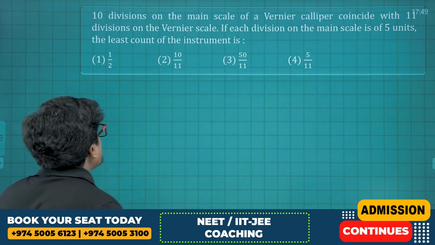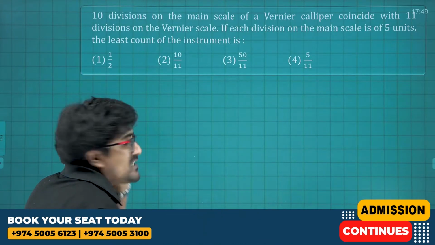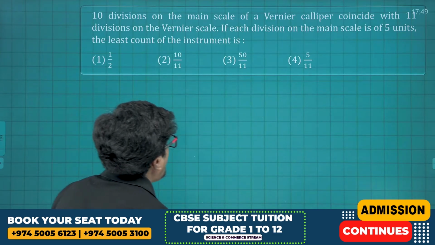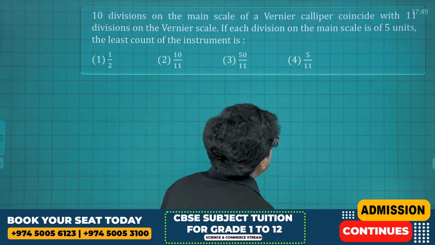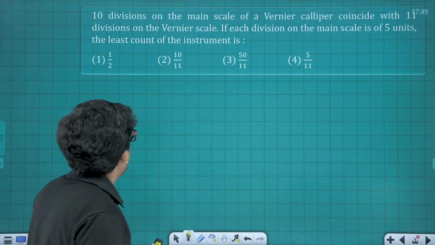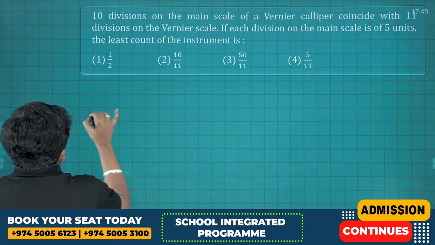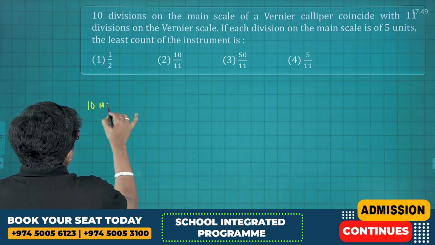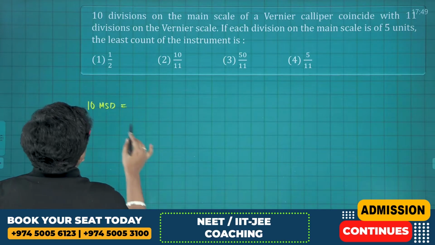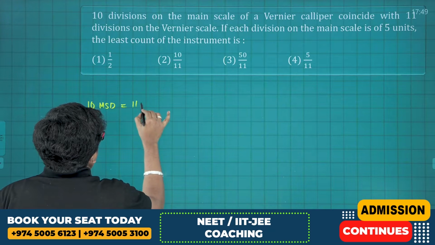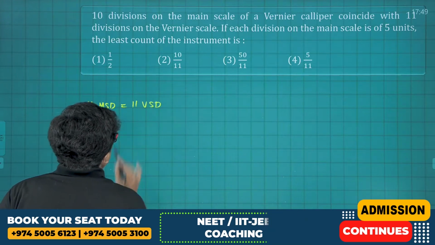The question says, 10 divisions on main scale of vernier caliper coincide with 11 divisions on vernier scale. 10 main scale division is equal to 11 vernier scale division.